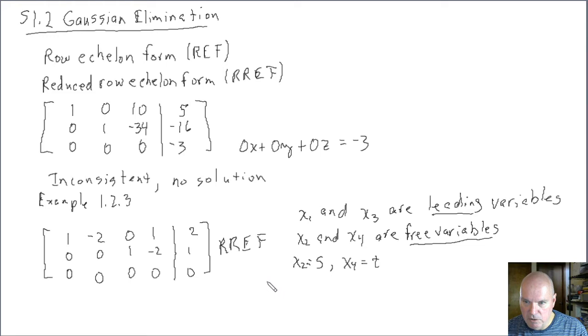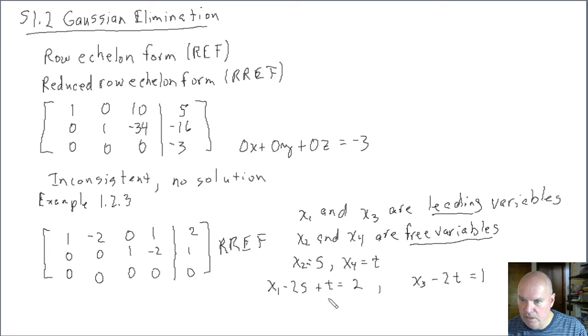So substituting in my parameter values, I have x1 minus 2s plus t is equal to 2. And then from the second row, I get x3, which corresponds to my leading variable, minus 2x4, which I've assigned the parameter t, is equal to 1.